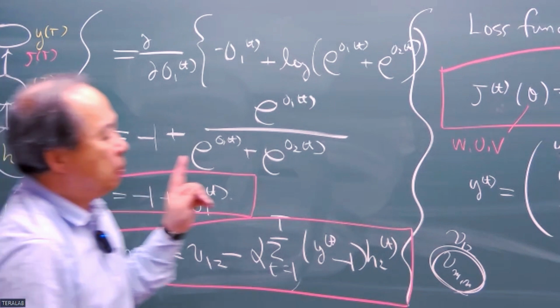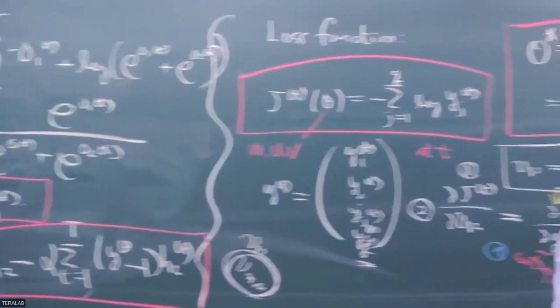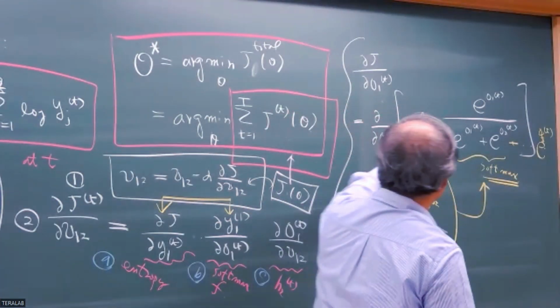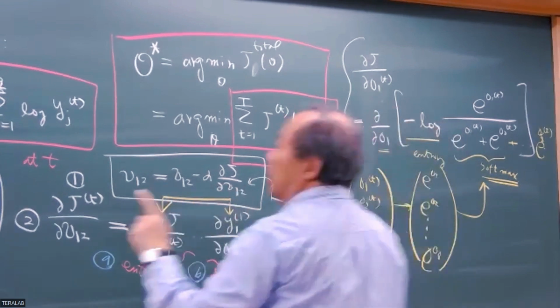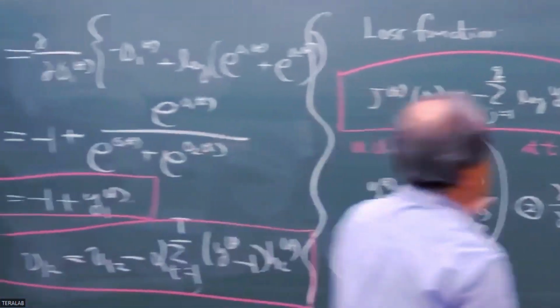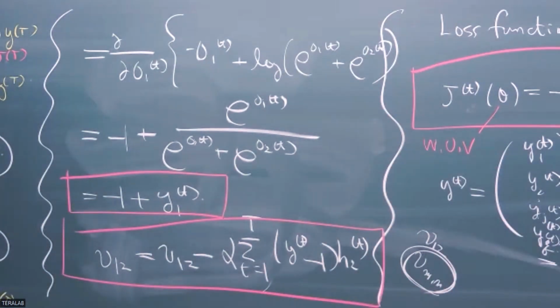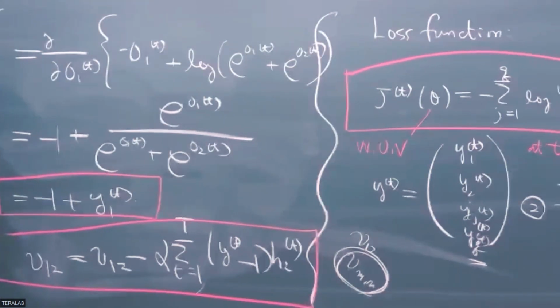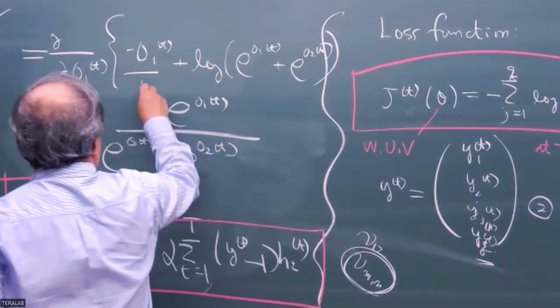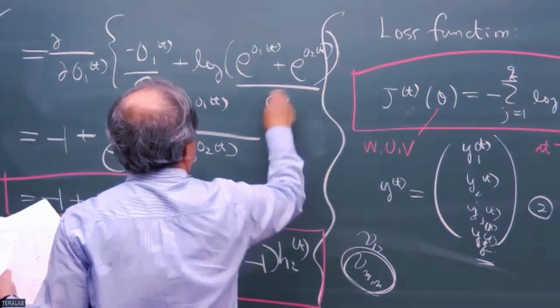So if we move on to these derivatives, because this is a log function, this term will come out, only we have this one. We have the first term and we have the second term.